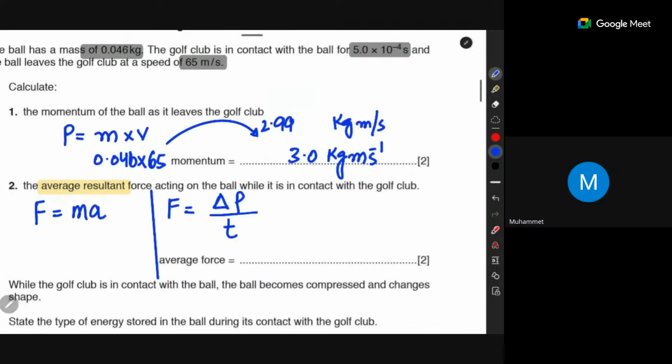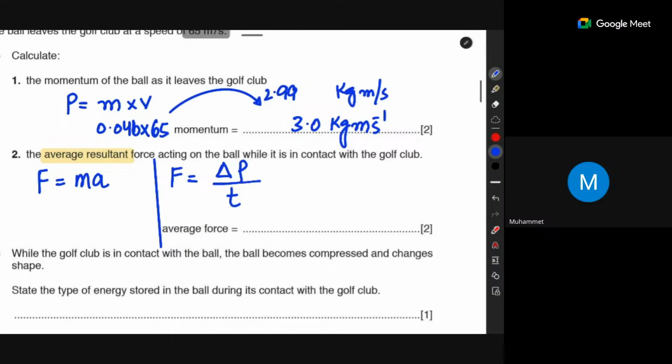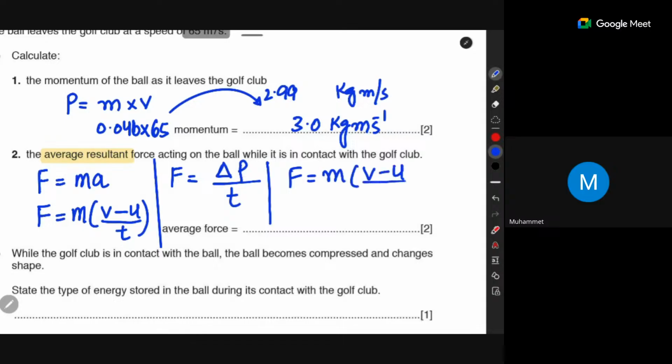The ball was stationary when it was hit, right? I will solve by both of these for you. F is equal to M into (V minus U) divided by T. You will get the same answer in all these aspects.